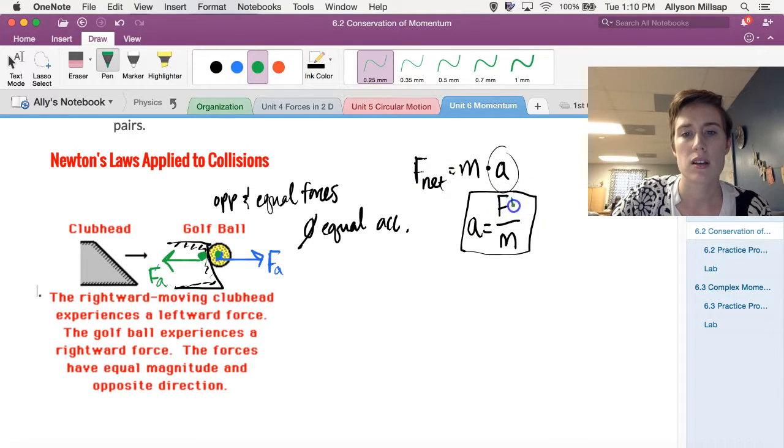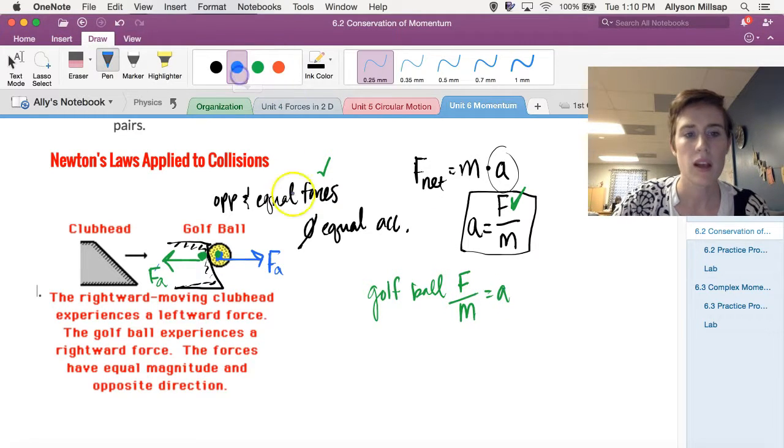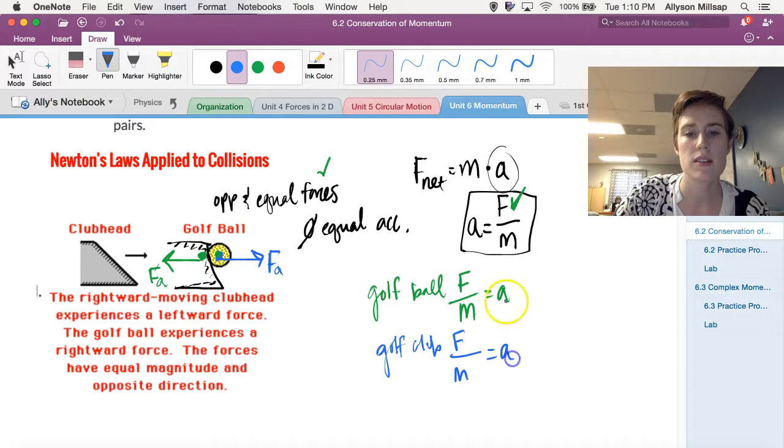Acceleration is due to force, which the forces should be equal on both objects, okay? So the golf club, here's the golf ball. Let's say the golf ball has a force and a mass if we wanted to find its acceleration. Let's say the club also has a force exerted on it, and it has mass.